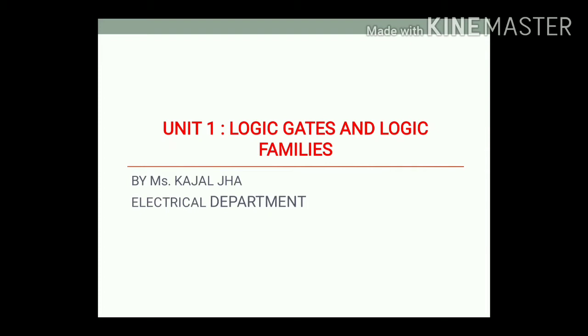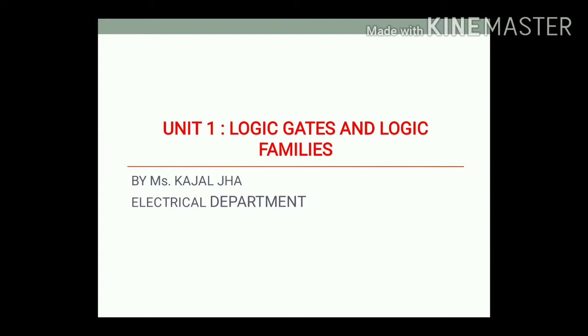Then third unit is basics of microprocessor and 8051 microcontroller. Then fourth unit is 8051 instruction sets and programming. Unit 5, 8051 memory, device interfacing and applications. There are total 5 units in the subject DEM.